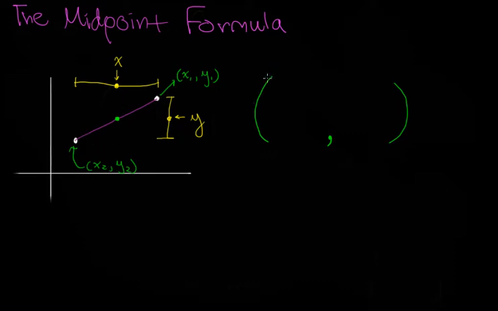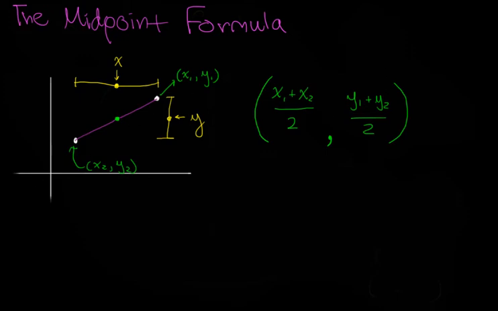So we add up the points and we divide by 2 to find the average. With the x's, we're only going to use the x values to find this average point. So x1 plus x2 divided by 2. And then to find the vertical value for the midpoint, or the vertical average of these 2 points, you add y1 plus y2 over 2. It's just the average, the mean.